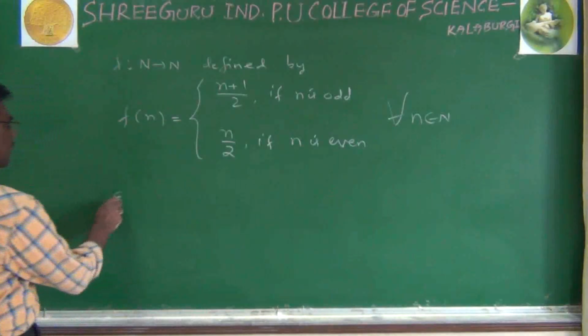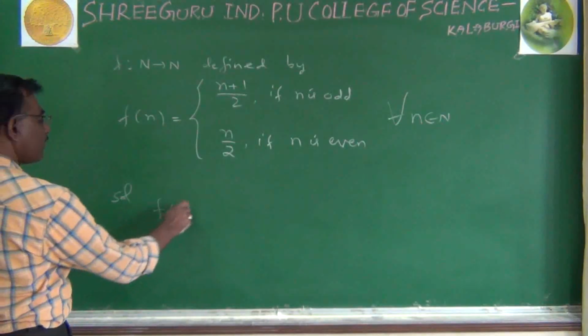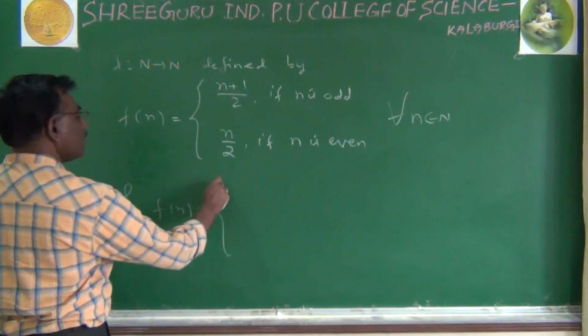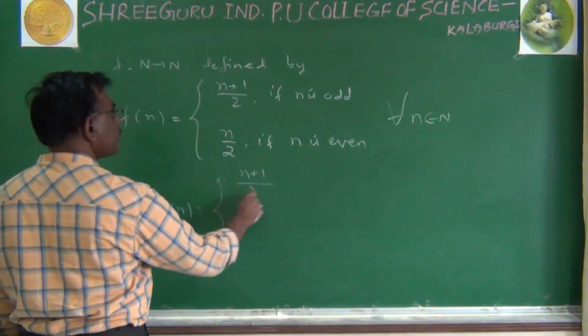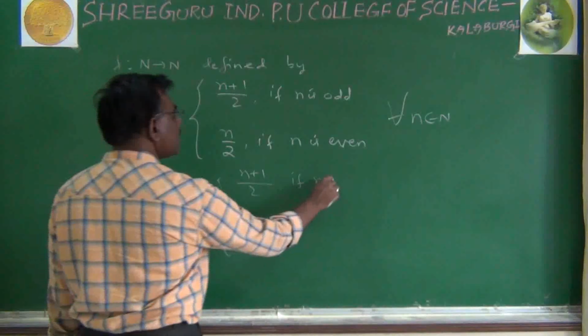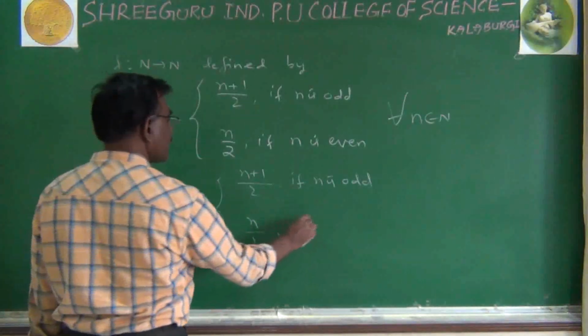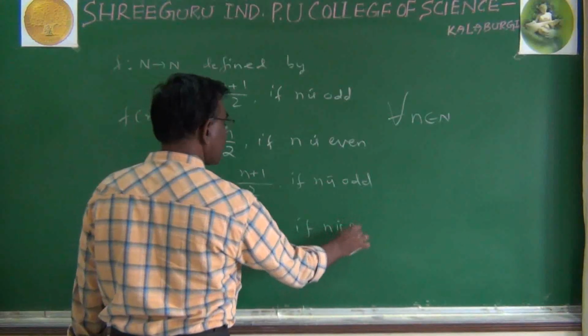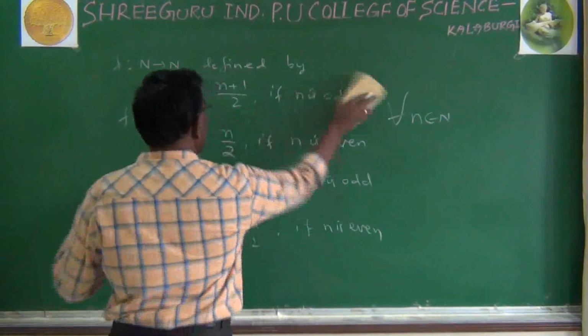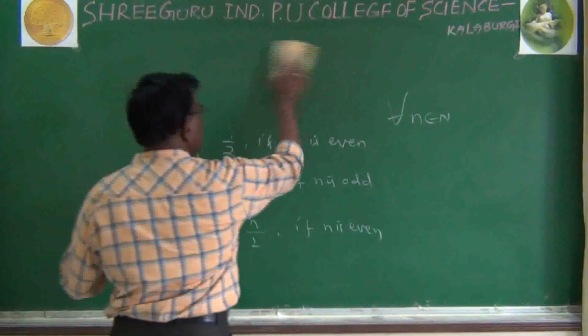Solution: f of n equal to (n + 1)/2 if n is odd, n/2 if n is even. Now this problem is very difficult.